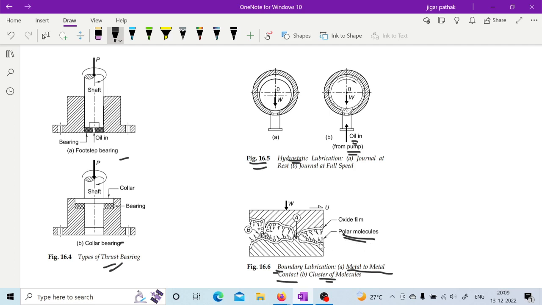Polar molecules means that in certain lubricants the positive and negative ions are separated. This is how we achieve polar molecules in certain lubricants, and those lubricants are used in this kind of boundary lubrication.